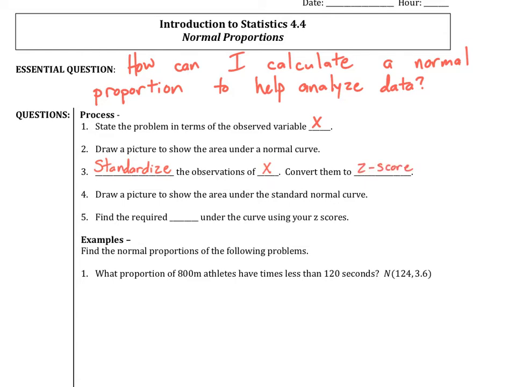So we actually have to find the z-score again like we have before. Step 4 is draw a picture to show the area under the standard normal curve. And then step 5 is find the required area under the curve using your z-scores. The z-scores would be from our chart.